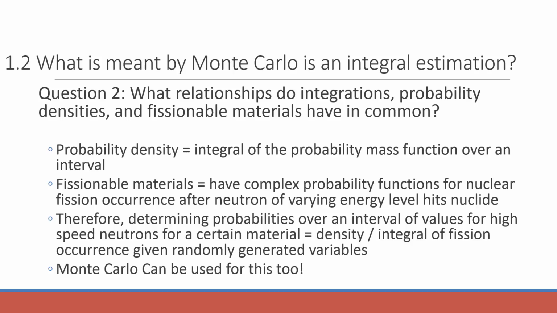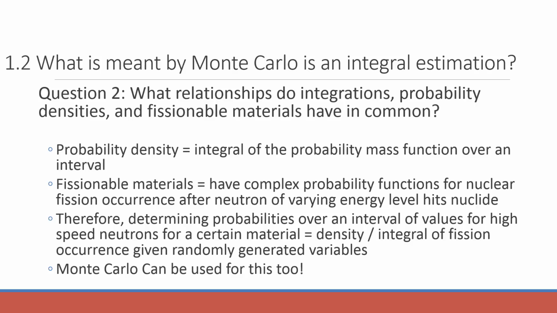We also know that fissionable materials have complex probability functions for the likelihood of nuclear fission occurring, based off of the speed and energy level of a neutron hitting the nuclide in the center of the nucleus. So with this, we can determine the probabilities over a given interval or range of values for high-speed neutrons for a certain material or nuclide that we're looking at.